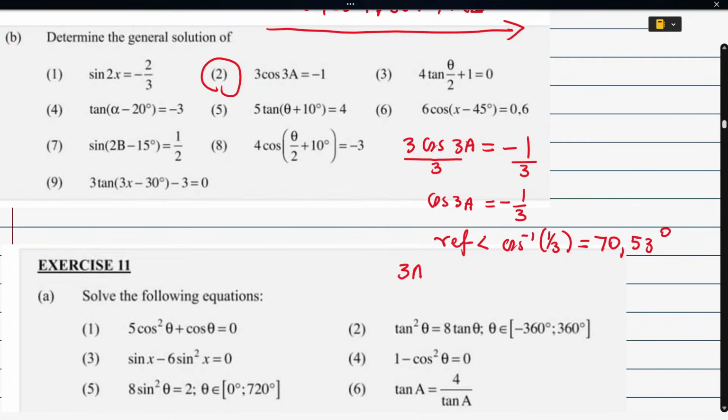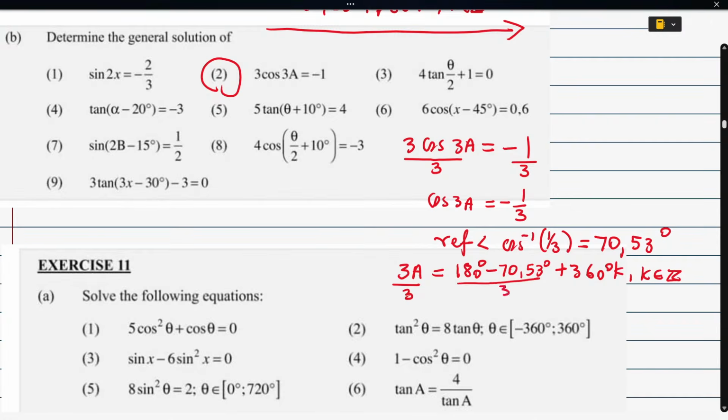Then you copy the angle given is equal to 180 degrees minus the reference angle. That is the second quadrant, plus 360 degrees K, where K is an element of integers. That is a quadrant where cos is negative.